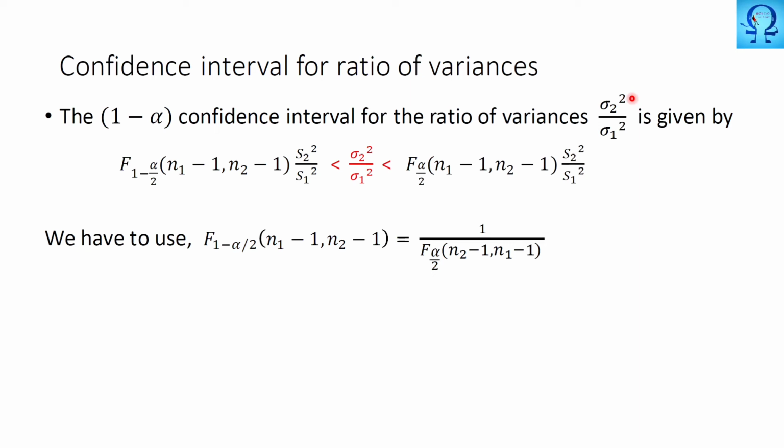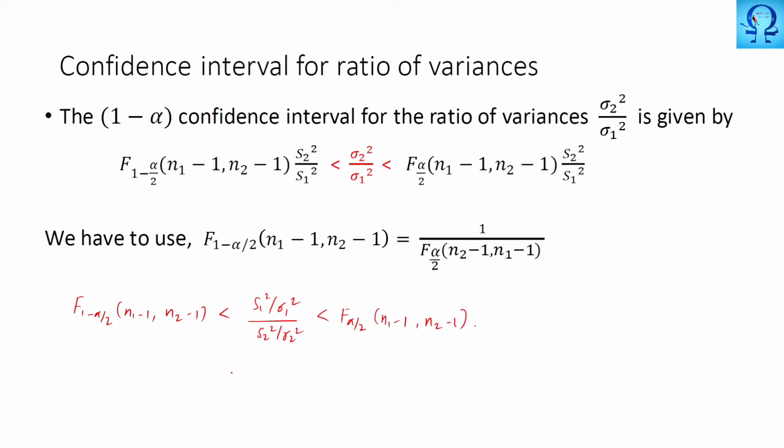Basically what we have is f of 1 minus alpha upon 2 of n1 minus 1 comma n2 minus 1 less than s1 square upon sigma 1 square divided by s2 square upon sigma 2 square. This is our f statistic, isn't it? Less than f of alpha upon 2 of n1 minus 1 comma n2 minus 1.